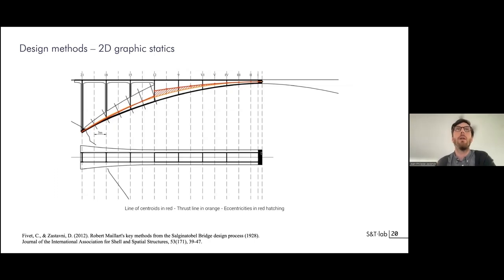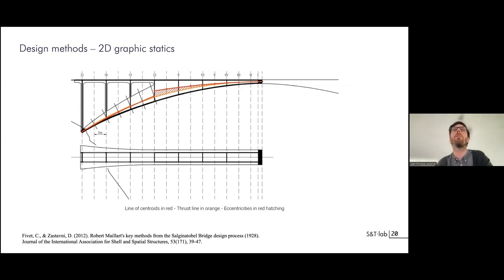And so Denis Zastavny with Corentin Fivet, they did a very interesting paper about the Salginatobel in 2012, and they explained how the material was used in relationship with the form of the bridge.